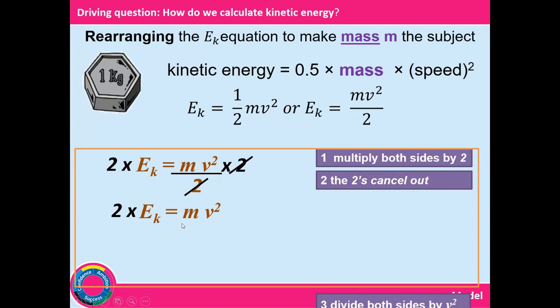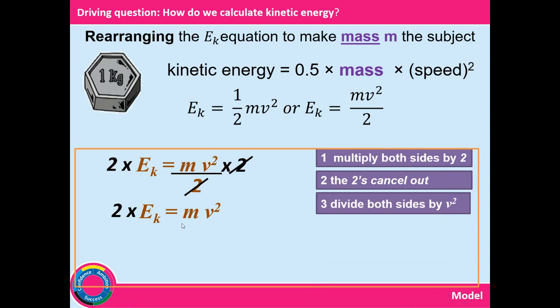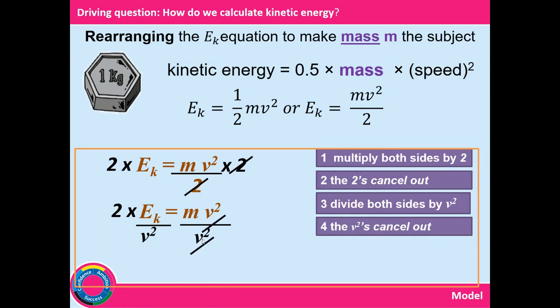So I divide both sides by v squared, and that means on the right hand side of the equation, I have a v squared in the numerator and a v squared in the denominator. The v squareds will cancel out. That leaves me with 2 multiplied by E over v squared equals m.